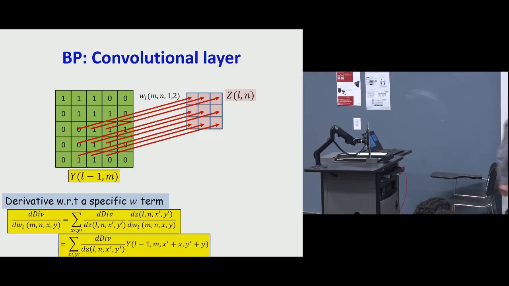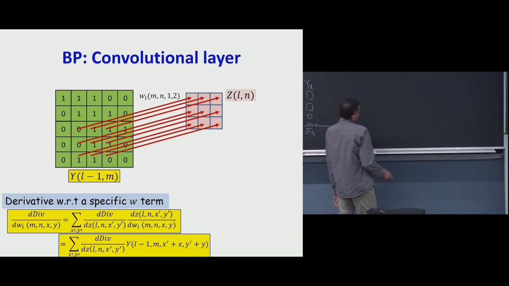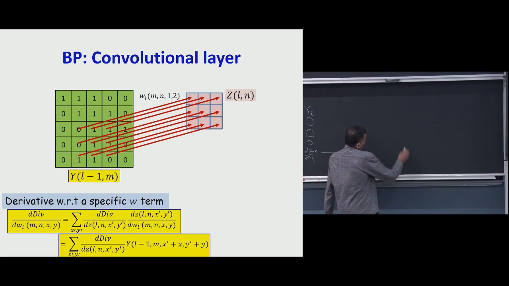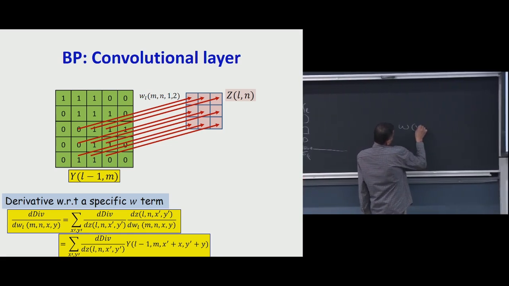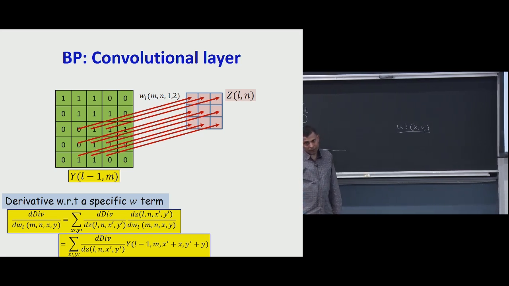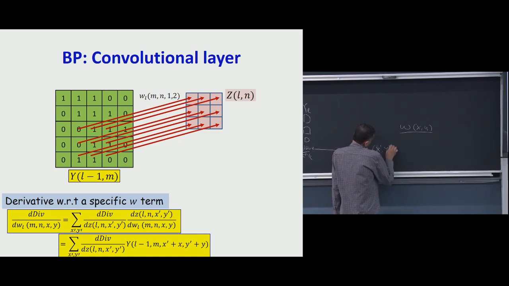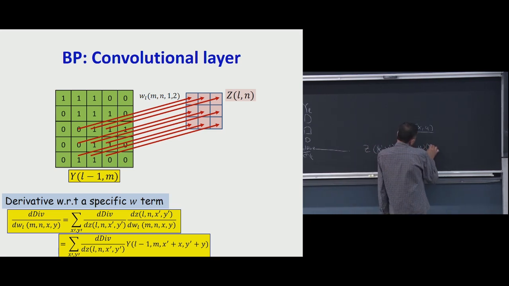The derivative of the divergence, again, going back to this relationship, if I fix wxy as the thing that I'm trying to compute the derivative with respect to, then you have z of x prime y prime plus equals wxy times what are the indices of x, of y.